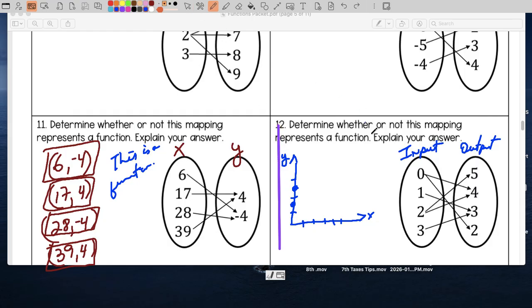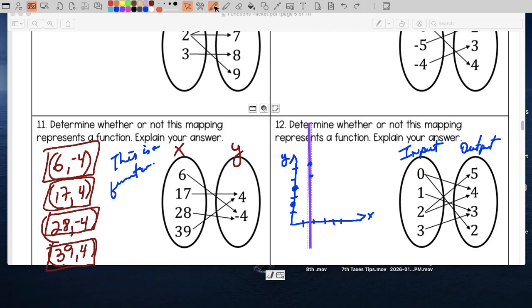Let me give you another example. So when it's at 2, we have 2 and 4 right here. Make one more, and 2 and 5. So as this purple line moves, when you're doing the vertical line test, look, it fails right here because the purple line touches 2 points at the same time, at 2, 4 and 2, 5.